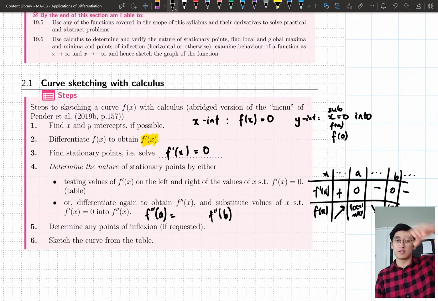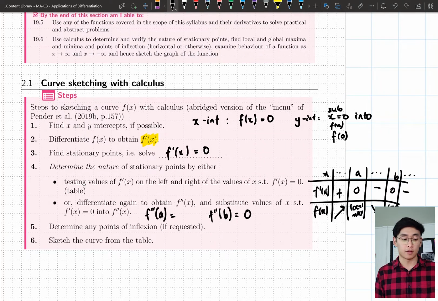If it's concave down, it should be a maximum. If it's concave up, it's a minimum. Now, one thing to add is that if you sub into your second derivative and you get 0, you might be tempted to think, oh, that must be a point of inflection, but you need to check whether or not it is. You need to check either side of this point to see if it is indeed a point of inflection.